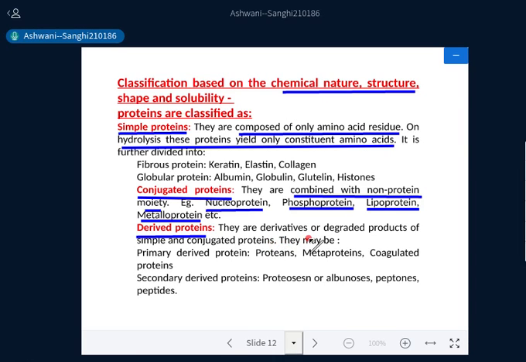They contain a non-protein part in addition to the protein part. Third is derived protein, which is the hydrolysis or degraded product of simple or conjugate proteins. Examples: proteoses, metaproteins, coagulated proteins.